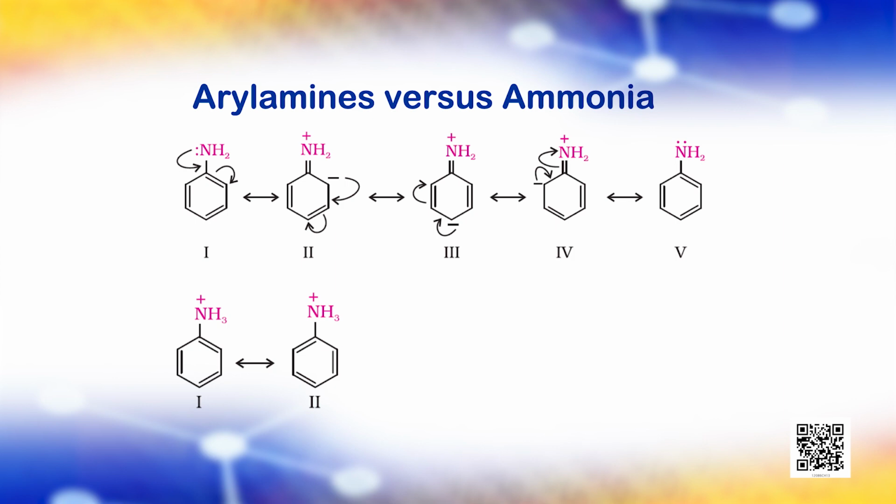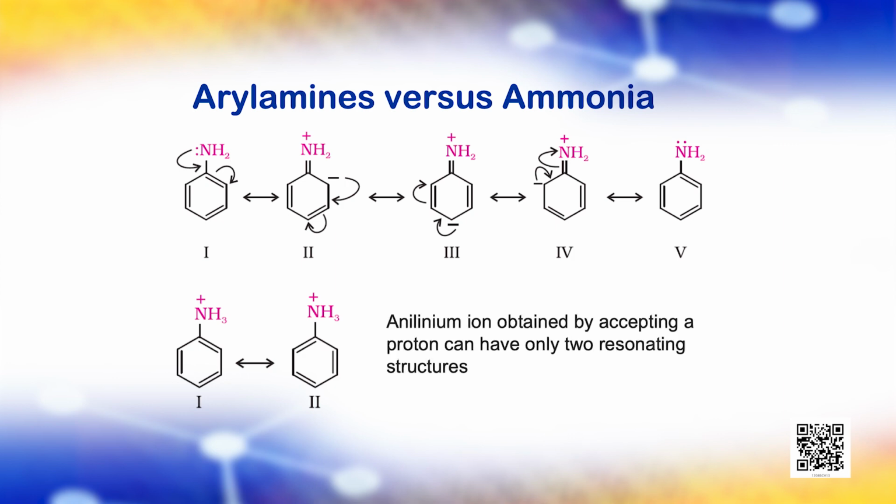You may understand it through the different resonating structures of aniline and will realize that aniline is a resonance hybrid of 5 structures. On the other hand, the anilinium ion obtained by accepting a proton can have only 2 resonating structures, called Kekulé. The greater the number of resonating structures, the greater the stability.